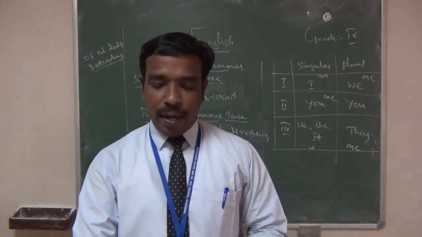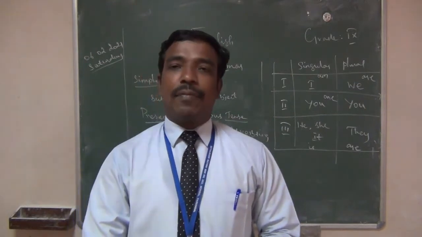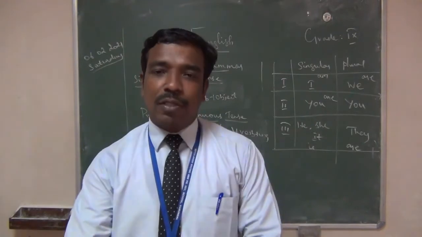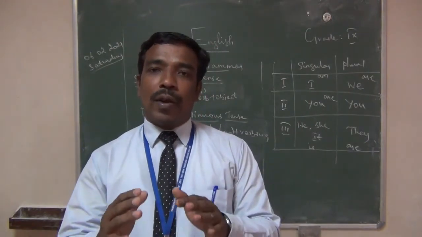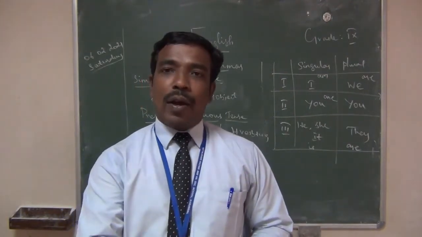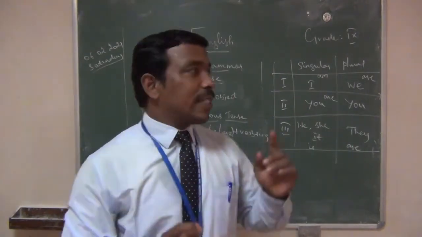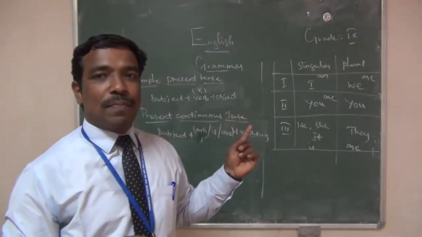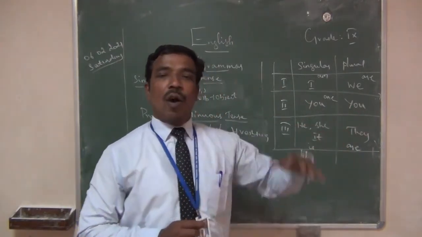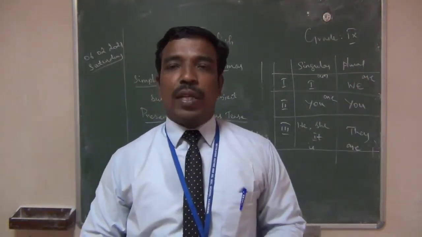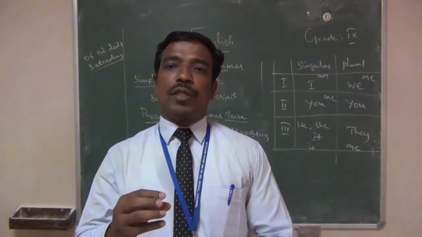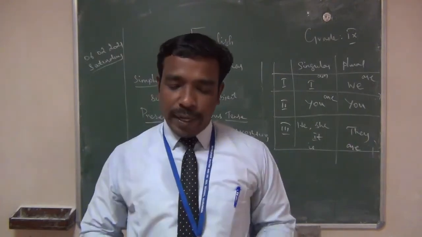Have you understood, students? All these 10 exercises are only from the simple present tense. You should check whether the subject is first, second or third person. I and we are first person, you is second person, he, she, it and all the persons outside are third person, they is also third person plural. Only for third person singular we should add s or es to the verb.